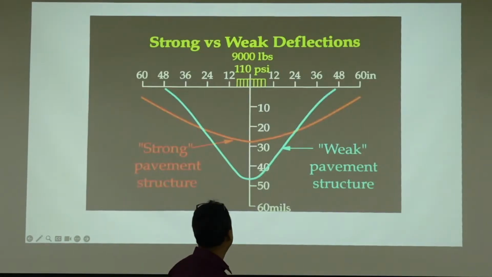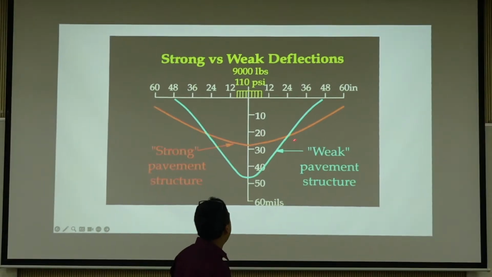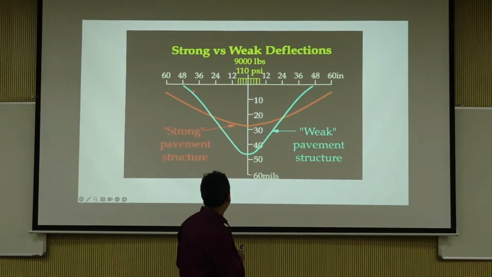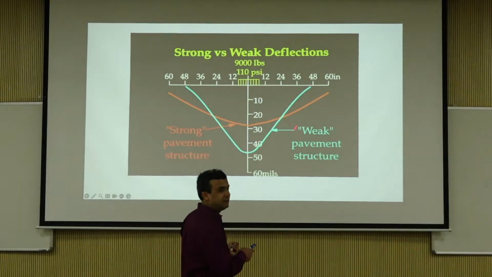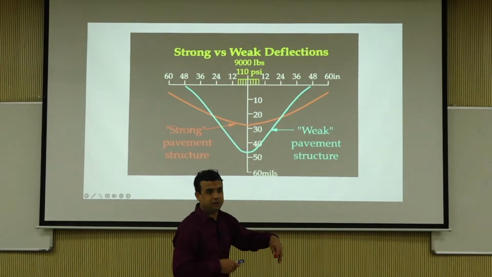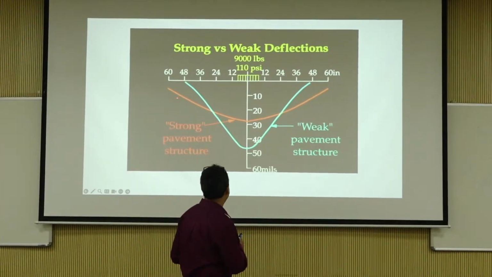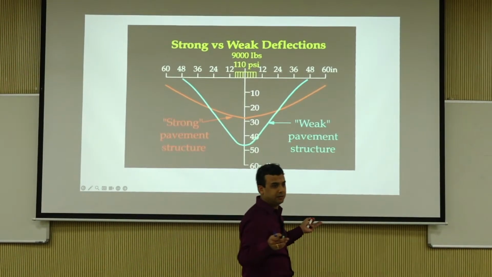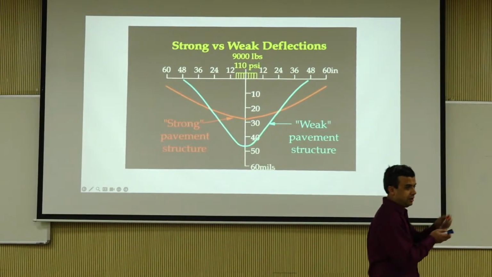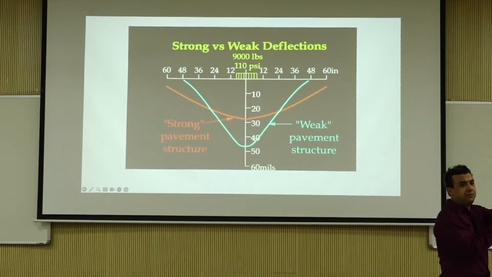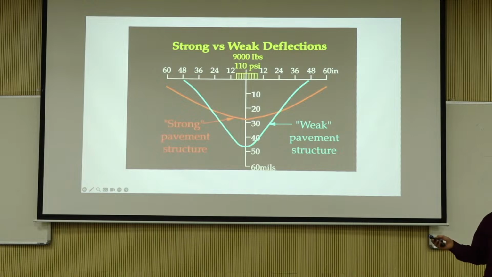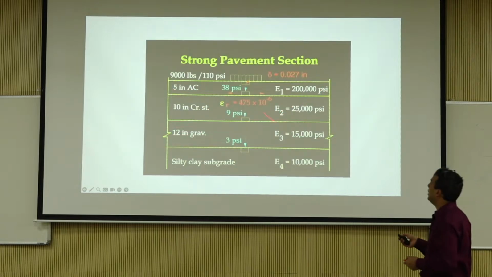So this is my example of graduate student mattress versus rich people mattress, right? Weak pavement, you're sinking into it. A strong pavement basically dissipates better, right? Smaller deflection, wider basin. Larger deflection, narrower basin. It's almost like a punching, almost like a failure happening, right?